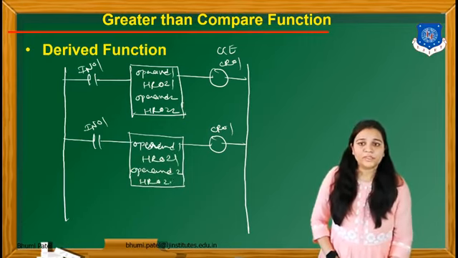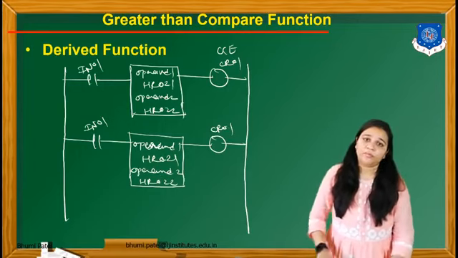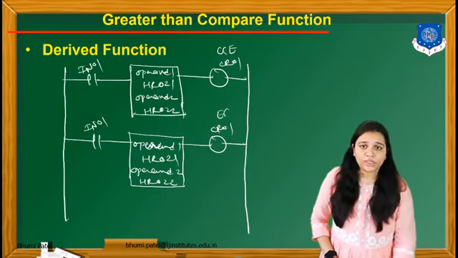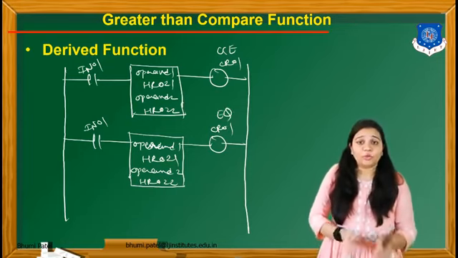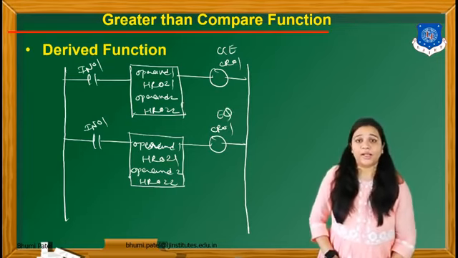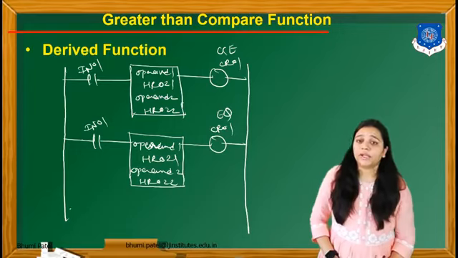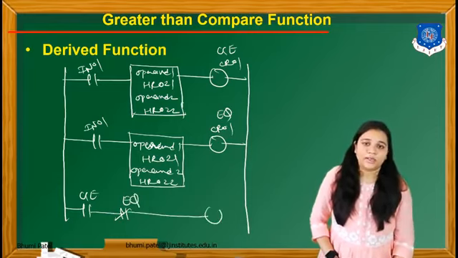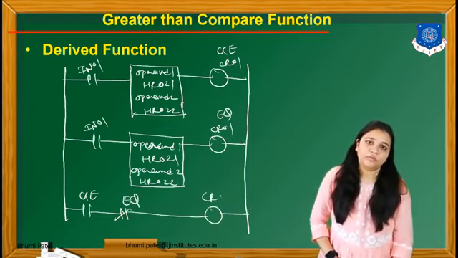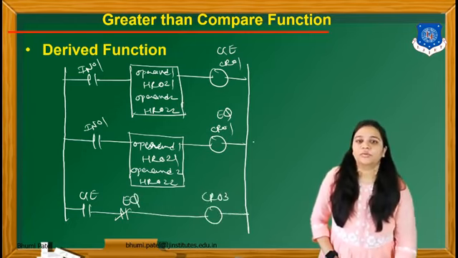We have to compare two operands at the same time, and here we have to use the equal to function. If my number is greater than or equal to but not equal to, at that time we can get only the greater number. So we have to take logic: greater than or equal to is there, but we cannot take the equal to number. At that time we can get the main output CR03.